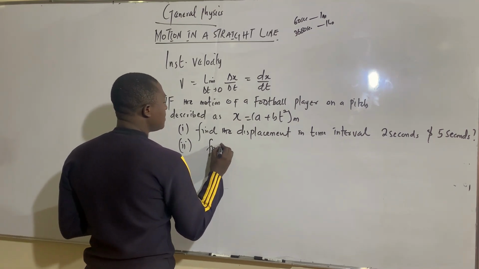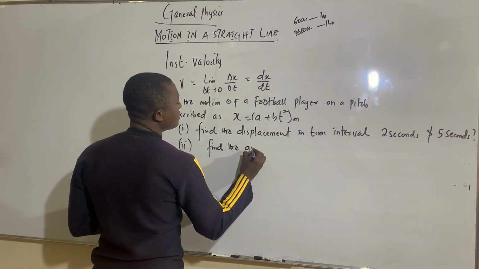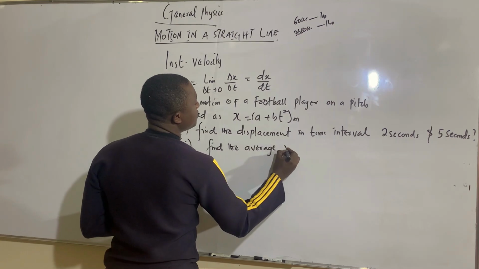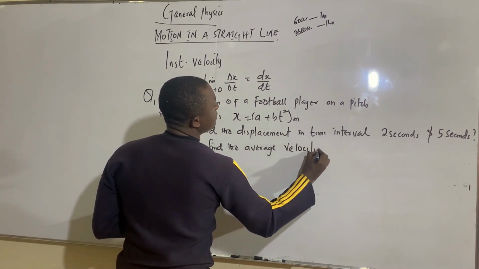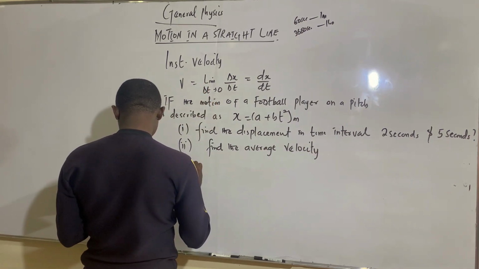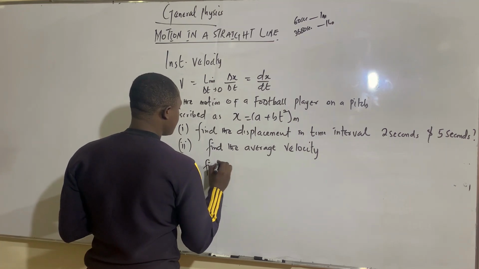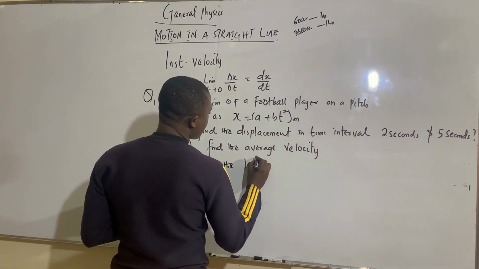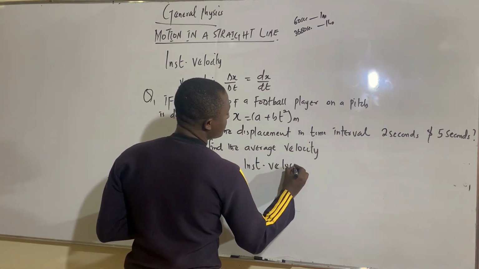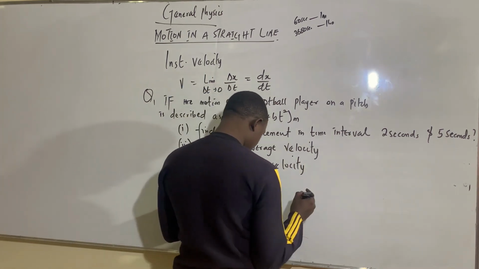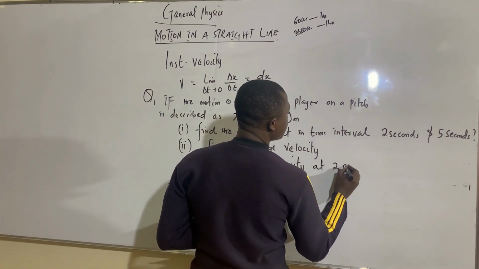Then find the average velocity. Now we got 3: find the instantaneous velocity at 2 seconds.